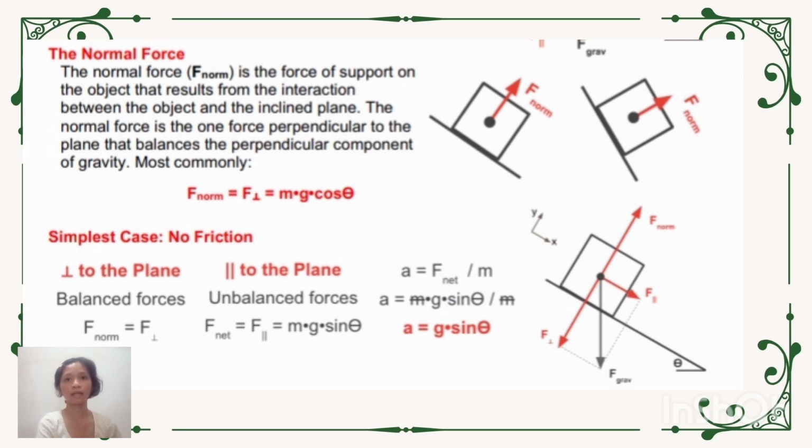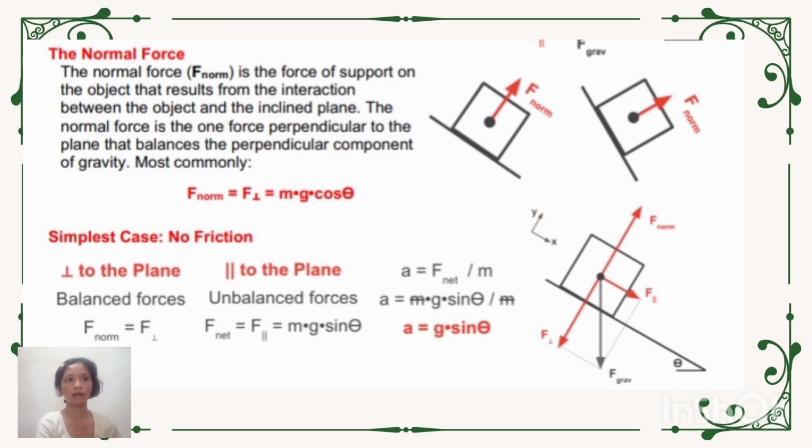So our F norm, which is this arrow, and our F perpendicular, which came from our gravity, balance each other. This means that the normal force depends on the object's mass, gravity, and the angle of the inclined plane.